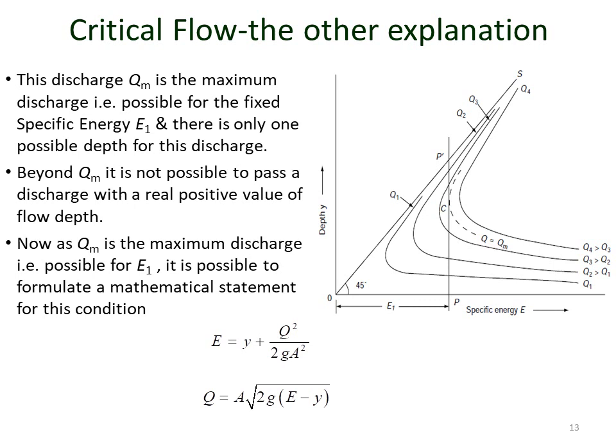Here, unlike the last derivation where we considered the flow discharge Q to be constant and differentiated the specific energy with respect to the flow depth, we are varying the flow discharge and considering the specific energy to be constant or fixed. So in that case, the flow discharge can be written as Q equals A root under 2g into (E minus y), please note the second equation on the slide.